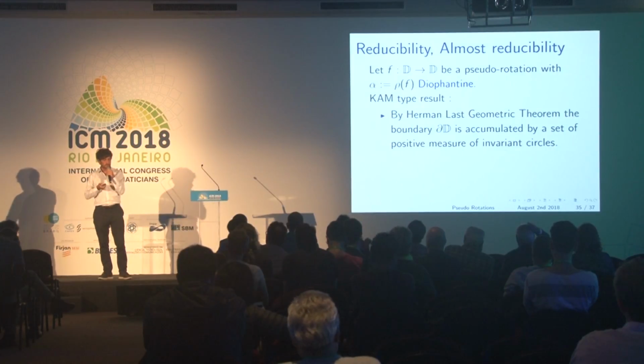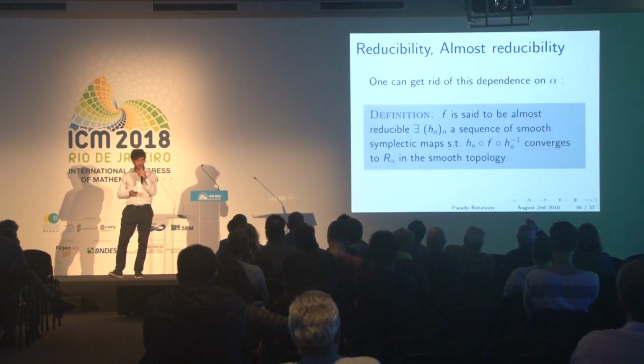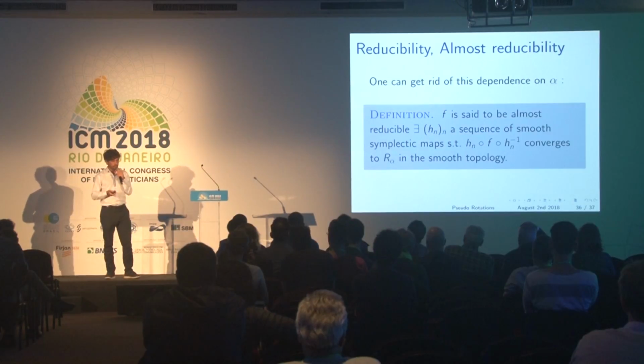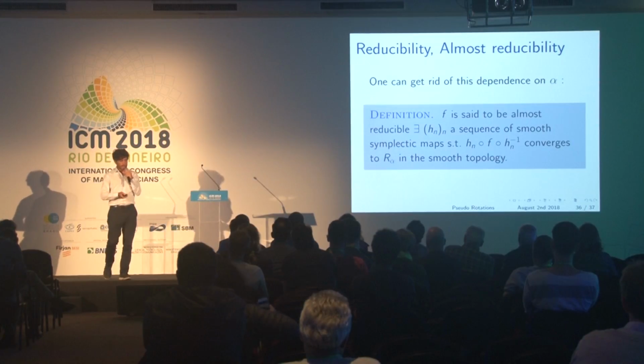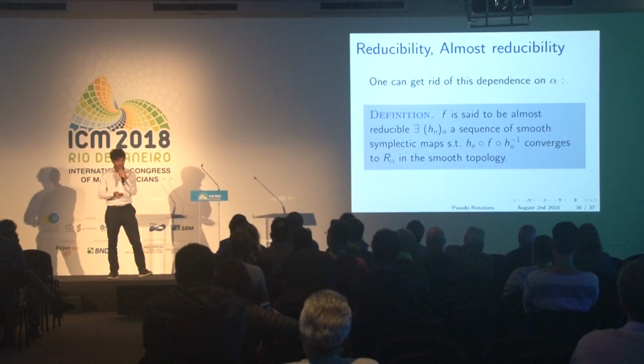So a renormalization theory points its nose, and then Raphael and Arthur took advantage of this and succeeded in showing a semi-global result that says the following. I almost finished, just 30 seconds.